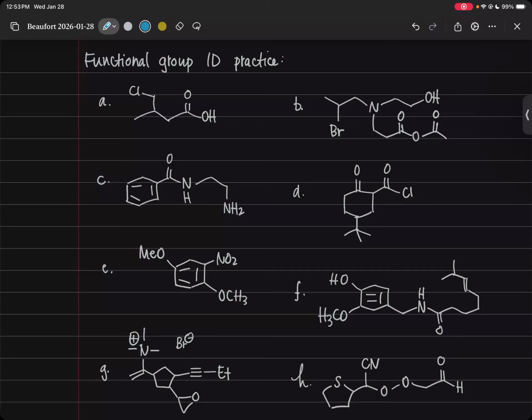So an example of that would be in A here, you might see that OH and you go, oh, that's an alcohol. But look past it and you'll see that there's a C double bond O, a carbonyl, right next to it. And that together is a different functional group than an alcohol. All right, so give that a shot.